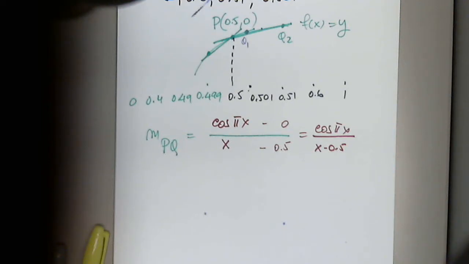The third Q. What do you notice that happens here from left and right at the same time? Here x approaches 0.5 with smaller values, and here x approaches 0.5 with larger values.